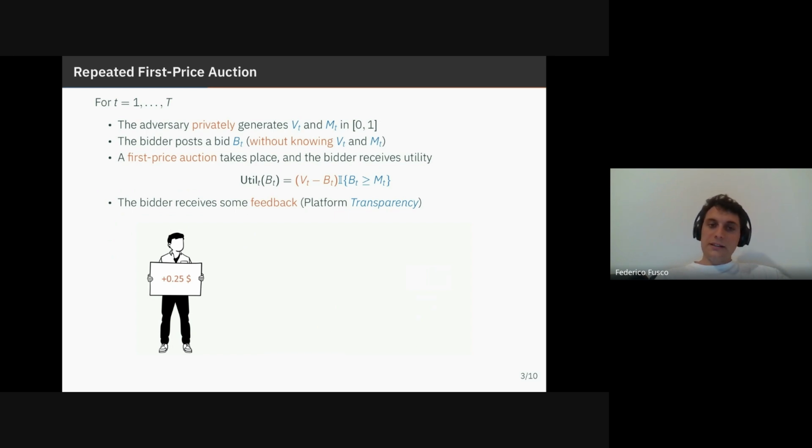So this is something that is only revealed at the end if the auction is won. The second feature I want to highlight is that the feedback that the bidder receives can be regulated by the platform. So let's say the transparency policy of the platform will have an influence on the feedback, and this is something we want to understand.